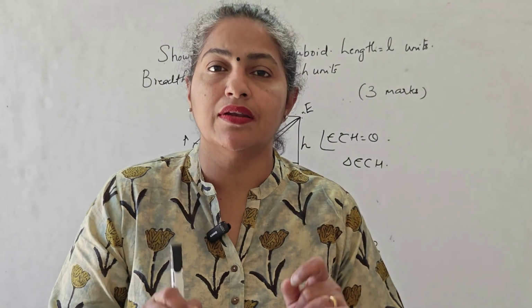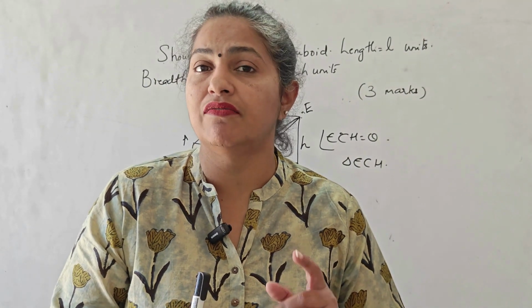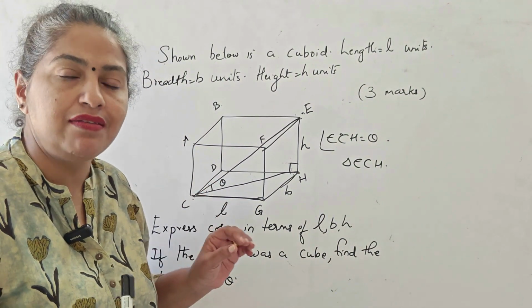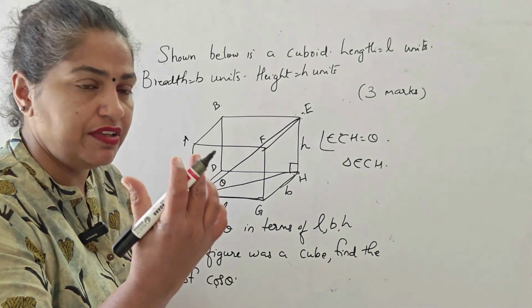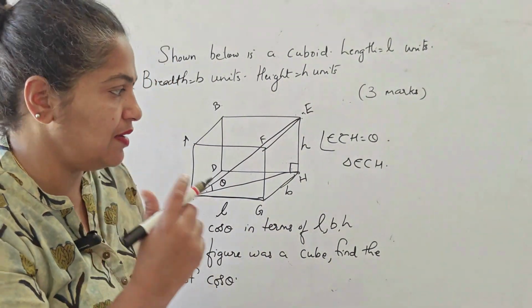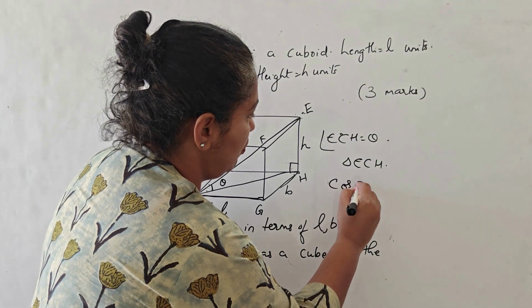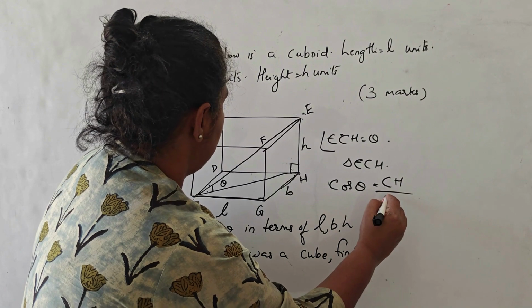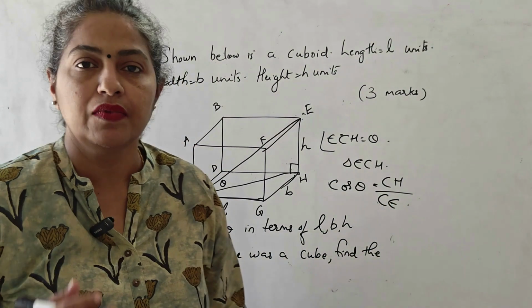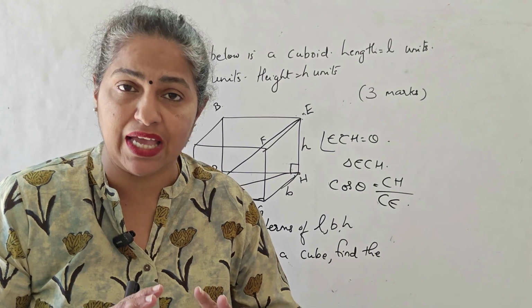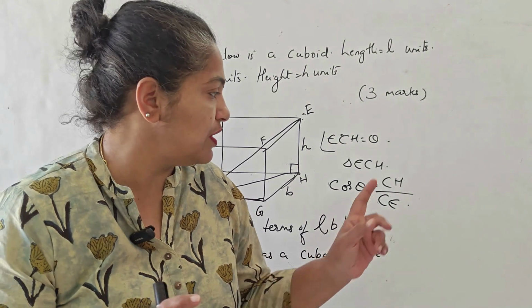Now that we have gotten a right angled triangle, let us write the value of cos theta. What is cos theta equal to? Cos theta is adjacent side by hypotenuse. Which is the hypotenuse? CE, the side opposite the 90-degree angle, is the hypotenuse. So I can write cos theta is equal to CH divided by CE. Now, we need to express cos theta in terms of L, B and H. So, let us see how we can do that.